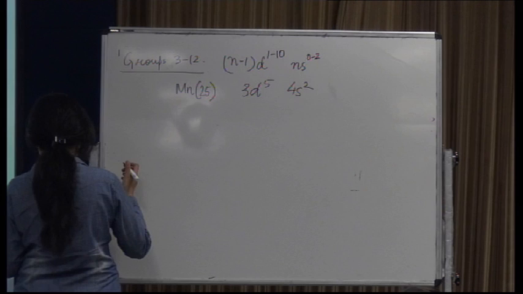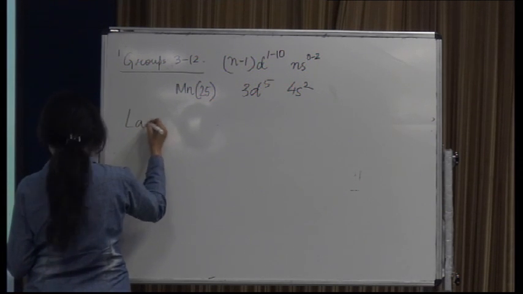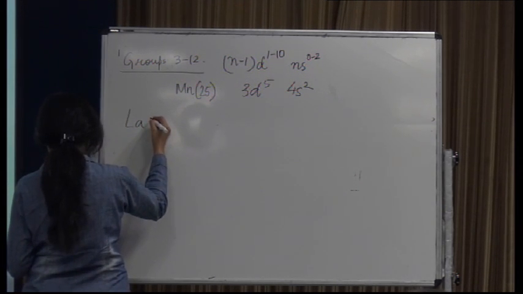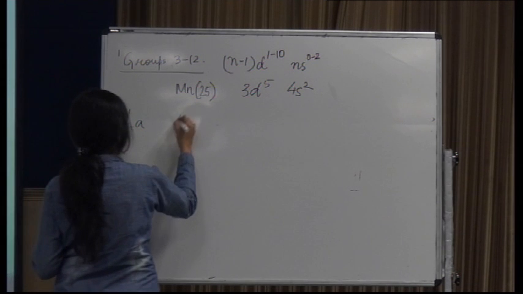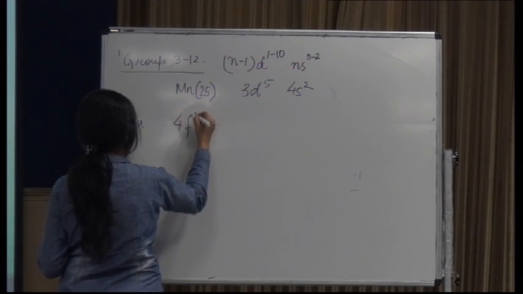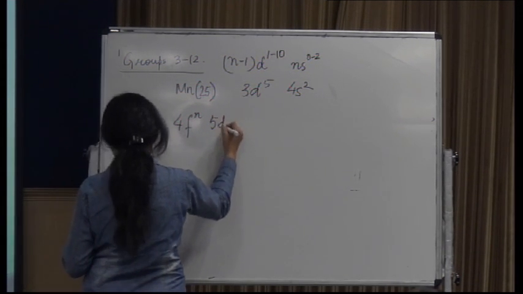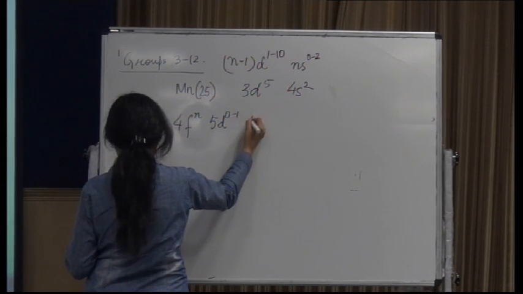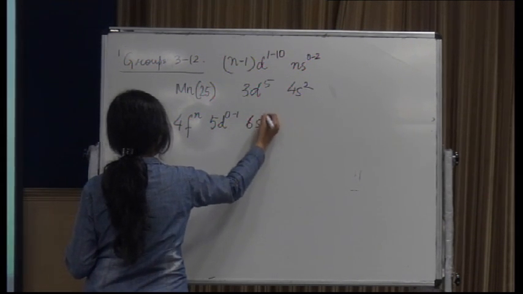lanthanides and actinides. Please note it down. Lanthanides are like 4fn 5d 0 to 1 6s2.